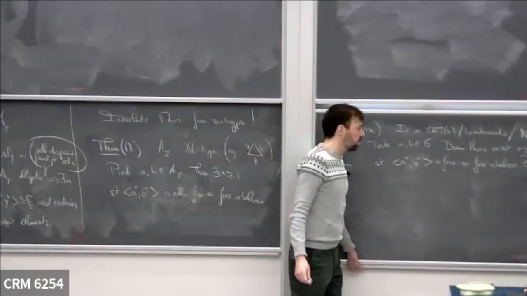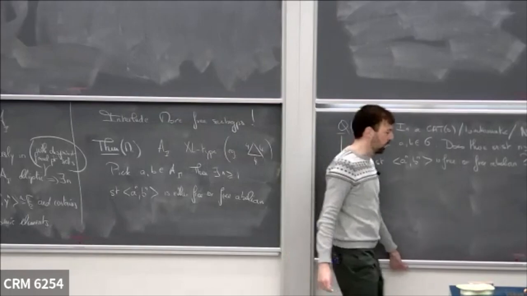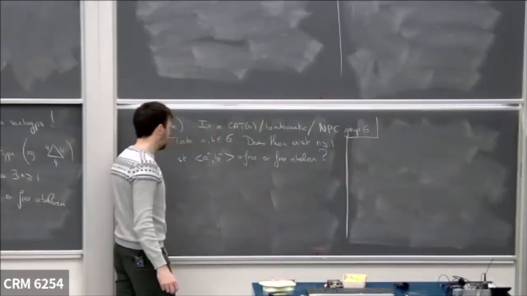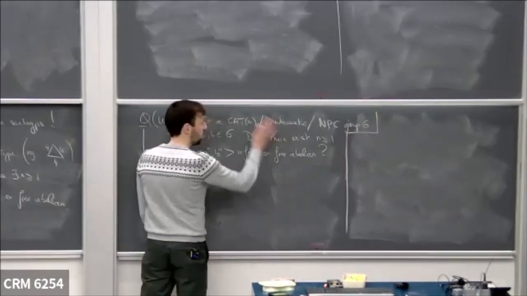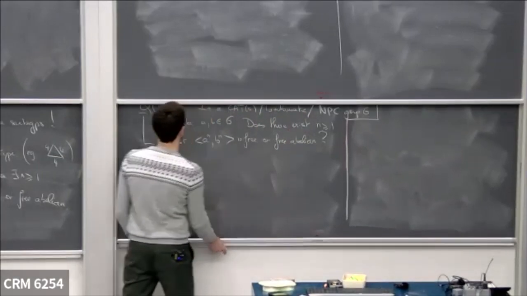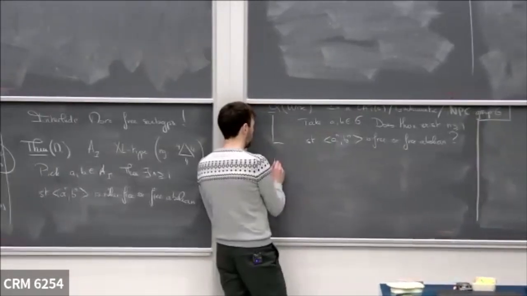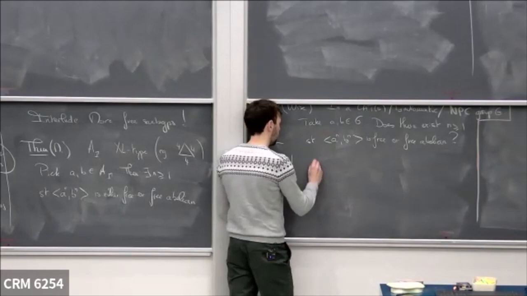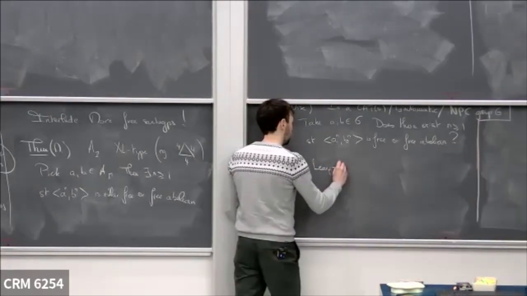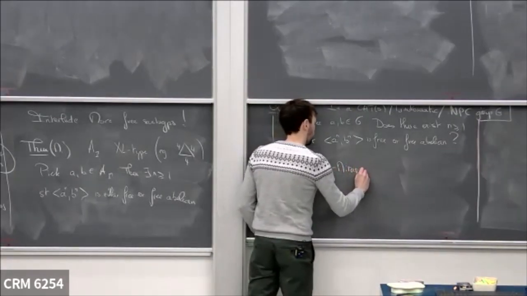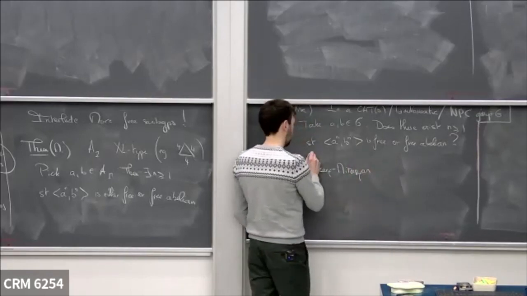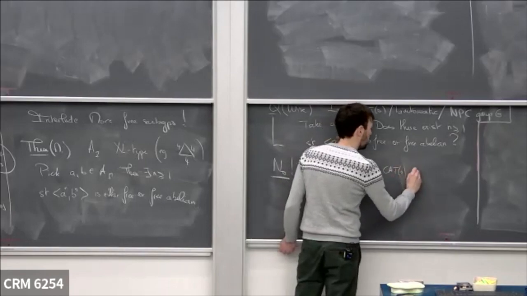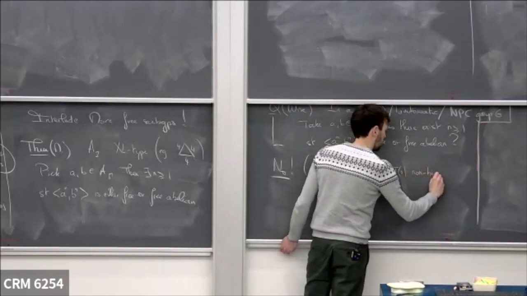So the answer is unfortunately no in general. So Artin groups are nice. I hope that I've convinced you of that already by now. Not every group is as nice, even in the CAT(0) world. So for instance, there's a recent example of Leary and Minasyan. So they recently constructed a CAT(0) but non-biautomatic group.